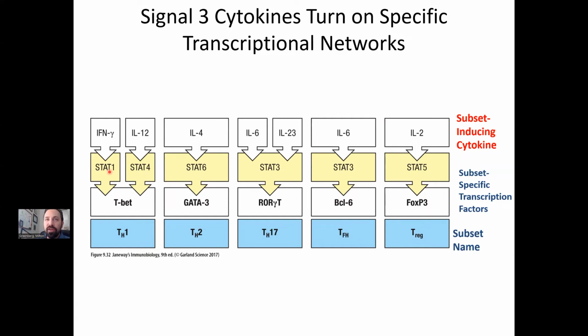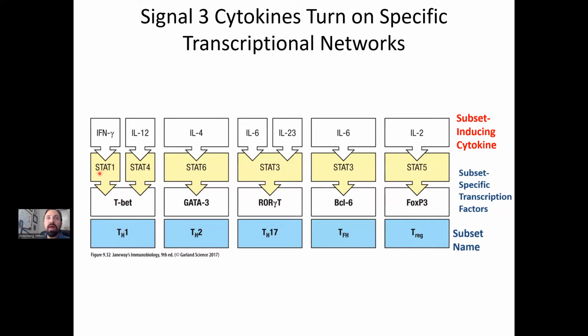But it's not just NFAT, it's not just NF-kappa B; we also have these other transcription factors called STATs. These STATs are named for signal transducers and activators of transcription. These STATs are all different, and they are involved in activation of different patterns inside the T cell.